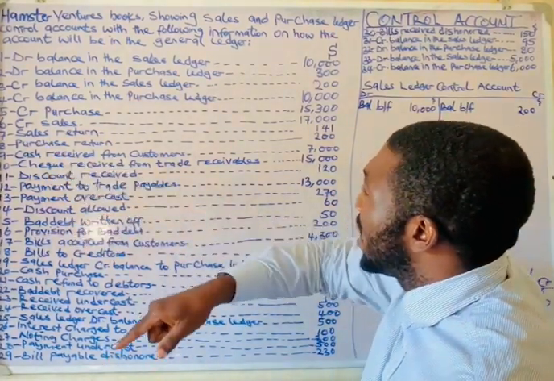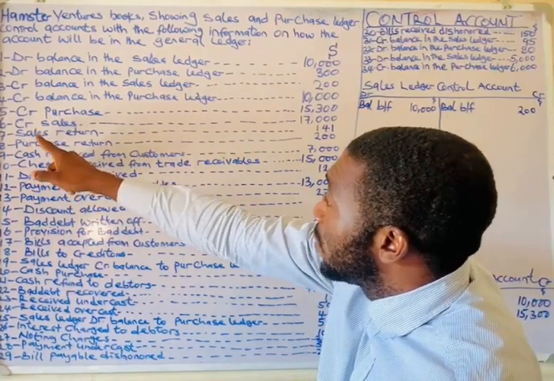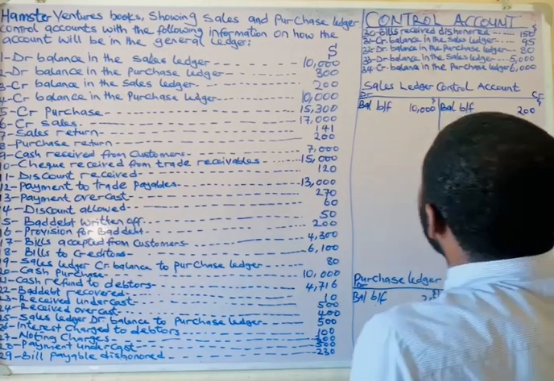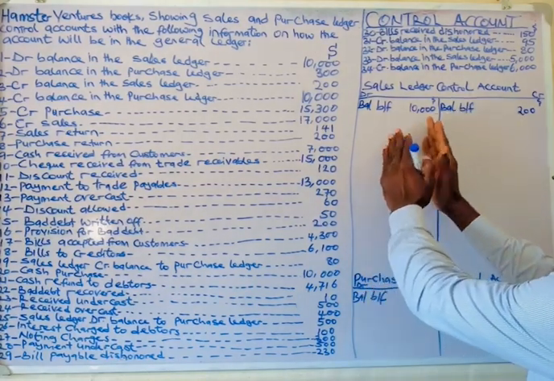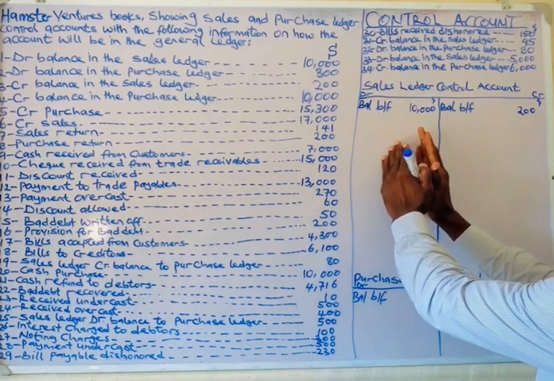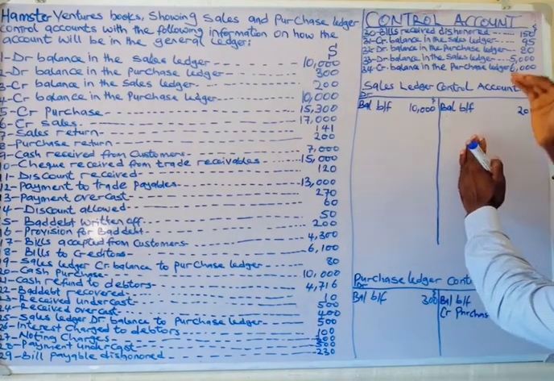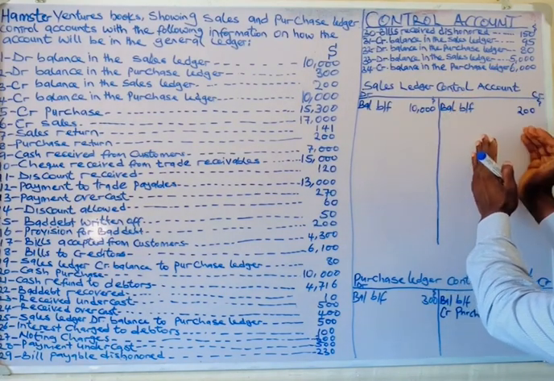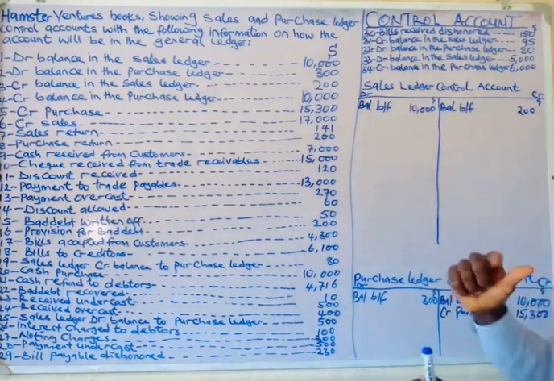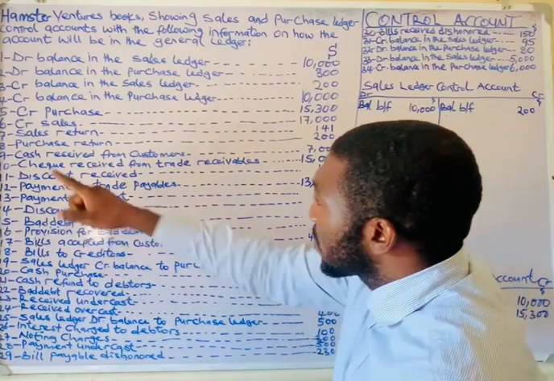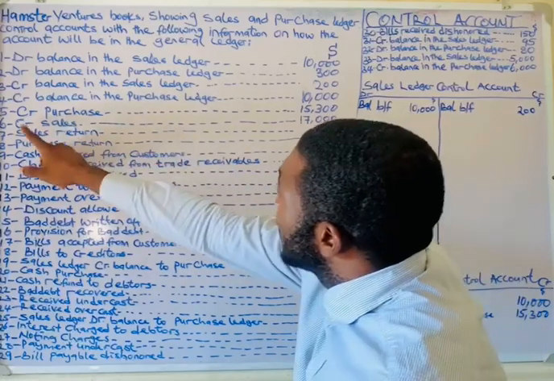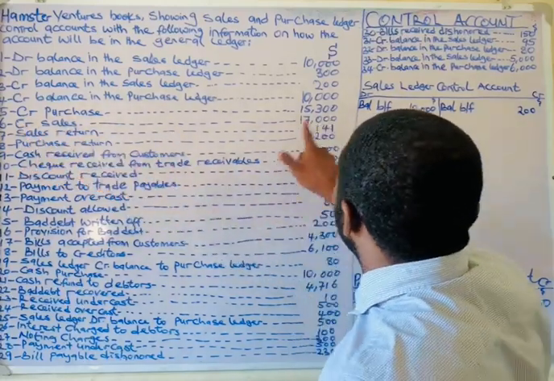So it will add to their balance that we are to receive from them. That is credit sales, and it is 17,000.